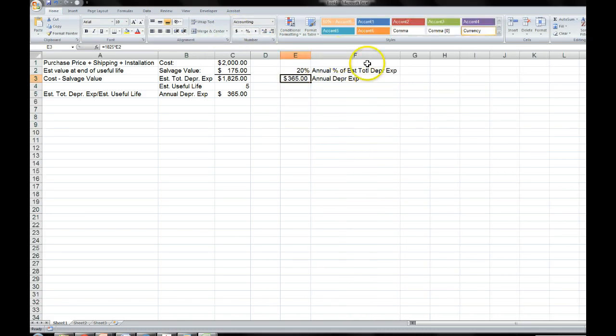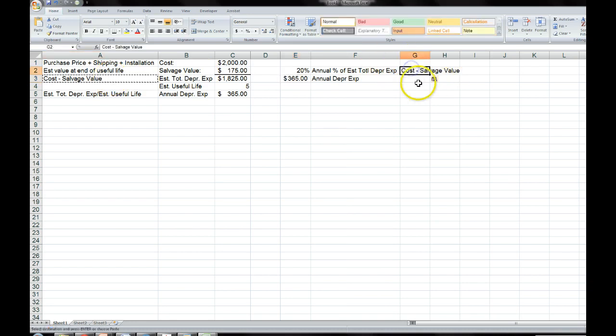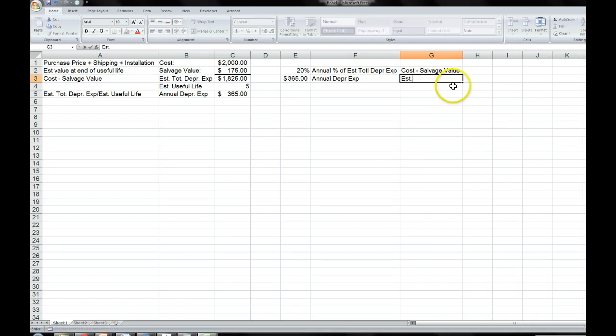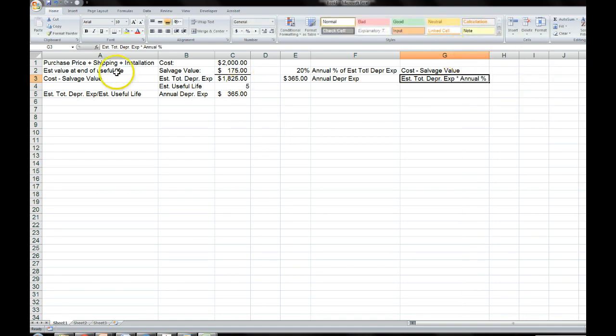And so if we want it to look much more like this one, we can go here, put this in here, and then annual depreciation expense is going to be estimated total depreciation expense times annual percentage. So you could do it either way. Anyway, this might be easier for you guys than this way, but it's there, you know, and you see it, and that's what's important. So now let's set up a little chart.